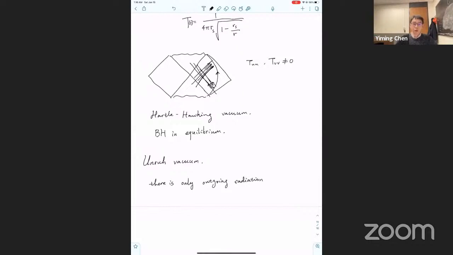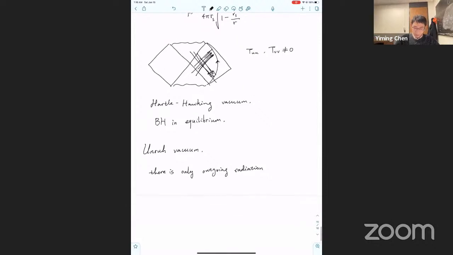So we should think of this as a vacuum that is more appropriate to describe a real-life black hole, because with a real-life black hole, we are not really radiating anything into the black hole, but if we are really far away, we are getting Hawking radiation from the black hole.